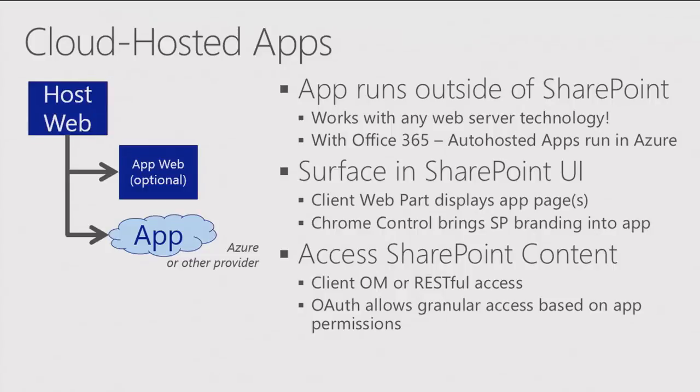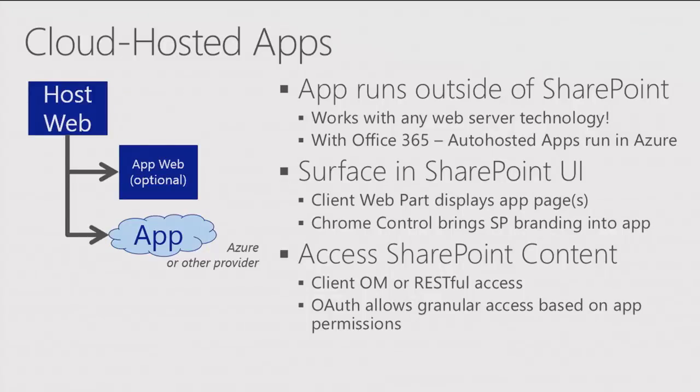And then that app runs outside of SharePoint, in the cloud in this case. On-prem, you could host this yourself, or in Windows Azure. If you're on Office 365, you can use a so-called auto-hosted app. Every Office 365 subscription includes a little mini Azure subscription, so you can run these auto-hosted apps. So that's what I'll show today.